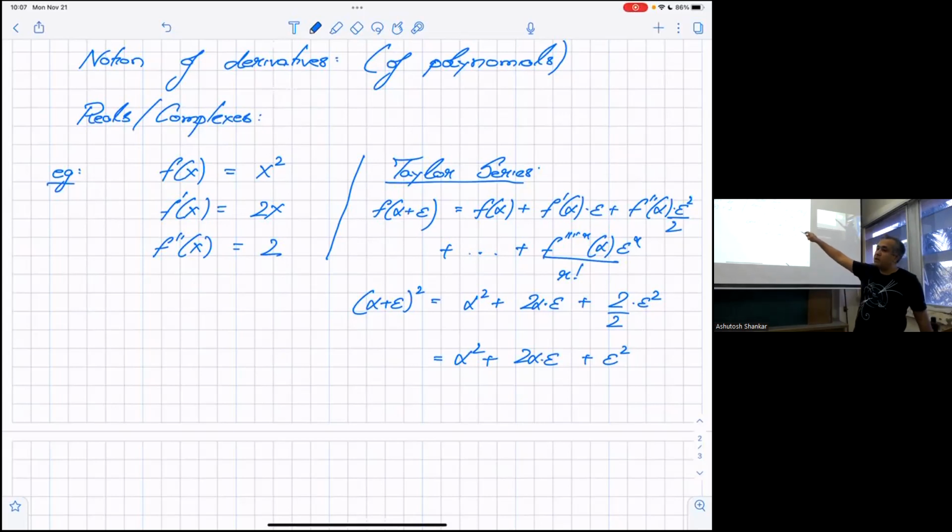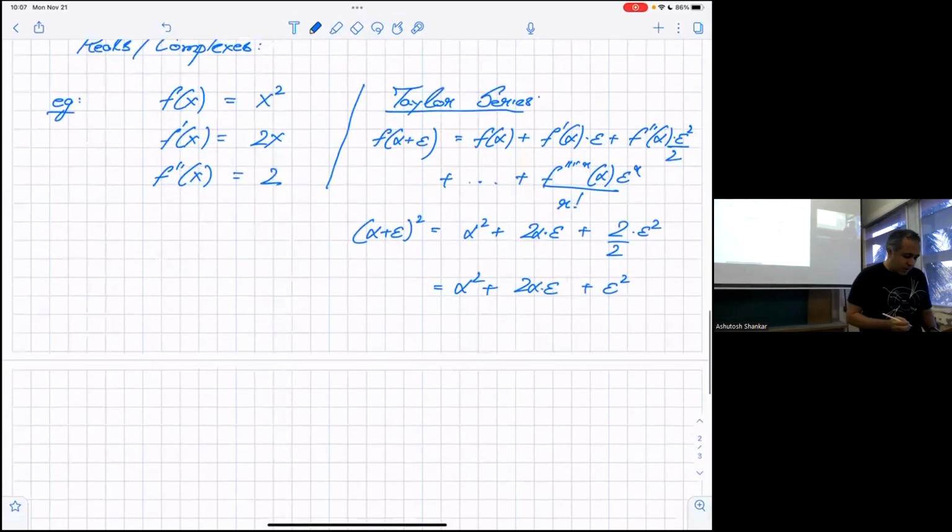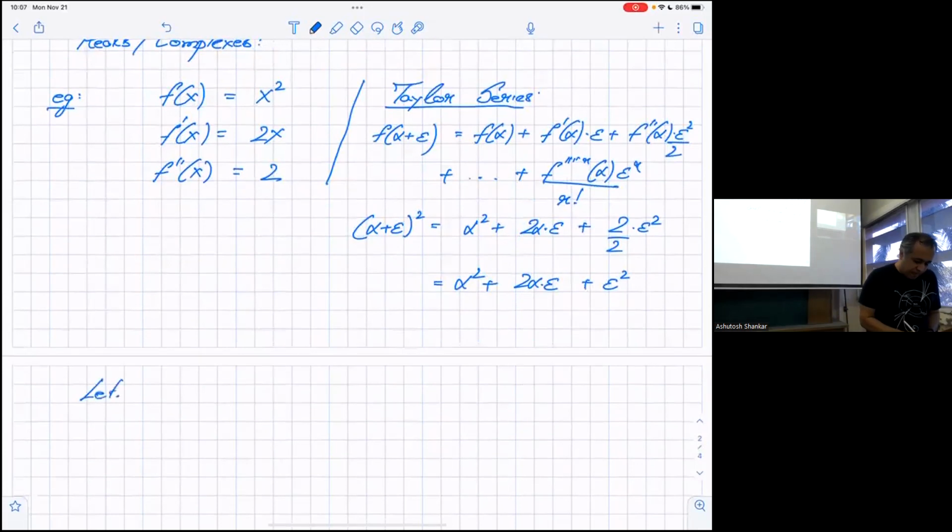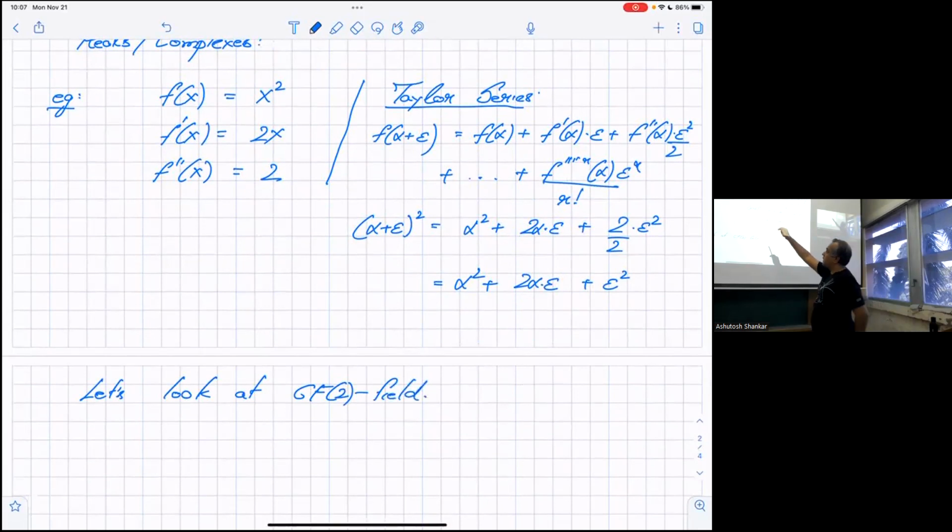Both the first derivative and the second derivative vanish, because they are 2 and 2. If I had defined derivatives in that way, extending the same notion, both the first order and the second order derivatives would have been 0.